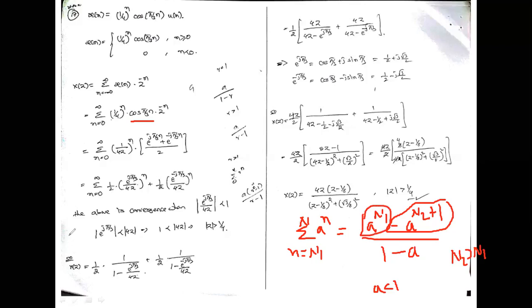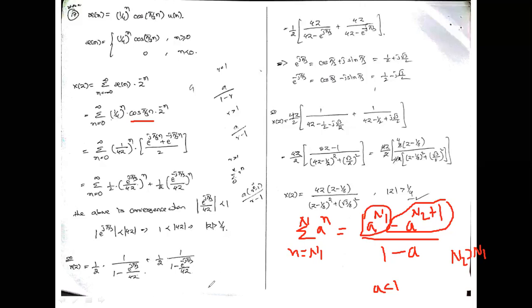Only the denominator remains: 1/(1 − a). What is the a here? e^(jπ/3)/(4z), multiplied with 1/2, plus 1/2 times 1/(1 − a). What is the a here now? The negative exponential, e^(-jπ/3)/(4z).